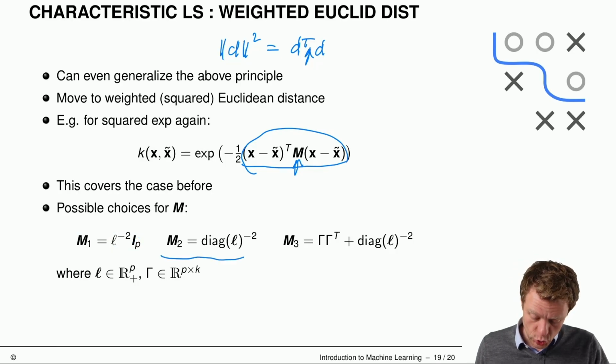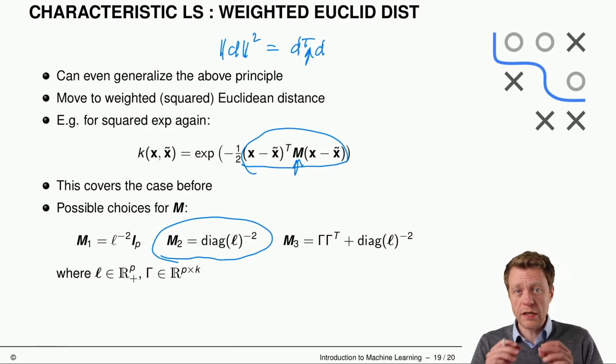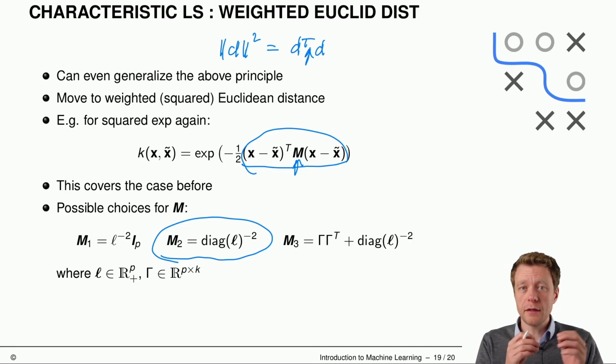If for M2 we use a diagonal matrix where the values on the diagonal could be different, then we have the last version with different characteristic length scales. But still each dimension is modulated independently from the other, though each dimension has its own characteristic length scale.